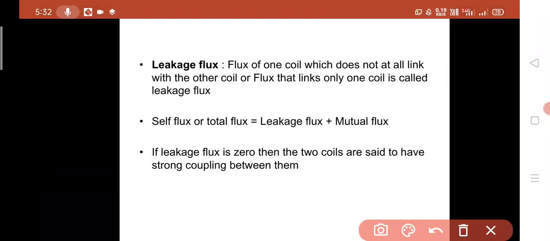If the leakage flux is 0, then the two coils are said to have strong coupling between them.